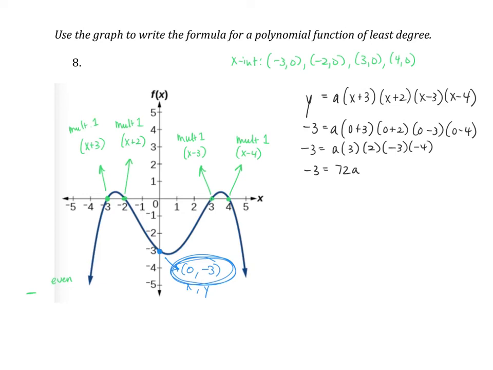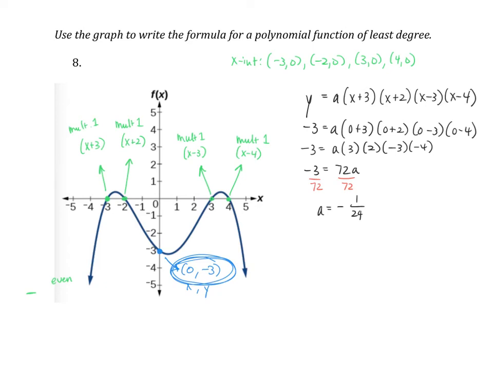And then to solve for a, you're going to divide by 72. So you get a equals negative 3 over 72, which will reduce to negative 1 over 24. So your a is negative 1 over 24.